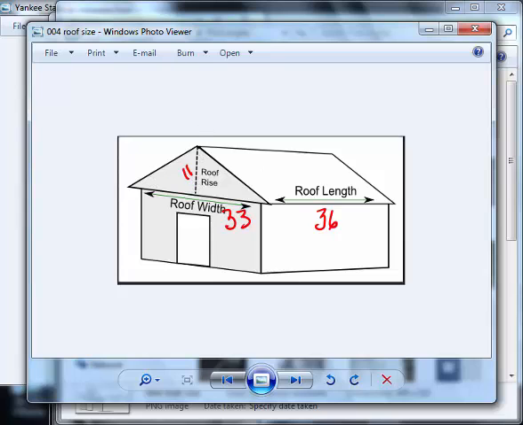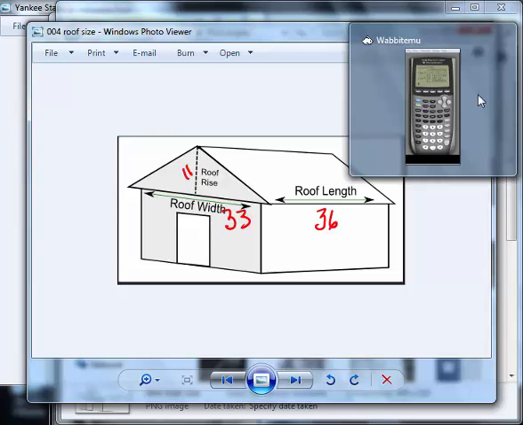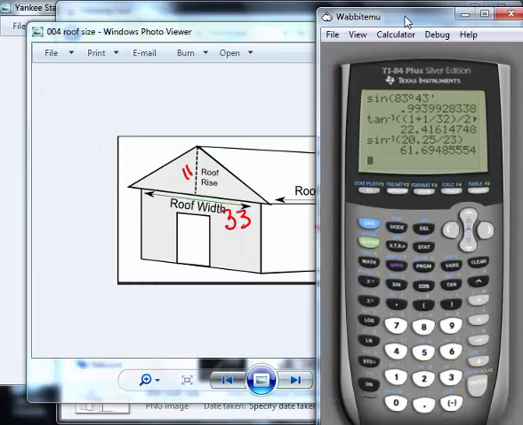So what we can do is, if we use our calculator, since this would be the opposite side, this is the adjacent side, so it's second function tangent. Now we have to be careful. Opposite is 11 divided by, not 33, because that's all the way across. Half of 33 is 16.5. And we find the angle of this roof to be about 33 degrees.